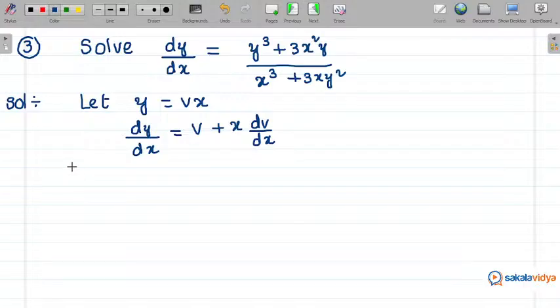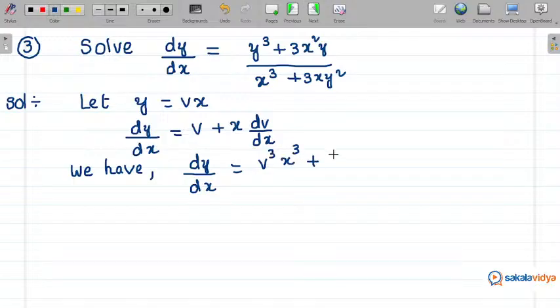So now we have dy by dx is equal to y cube, y means vx. So vx whole cube is v cube x cube, plus 3x square into vx, that is 3x cube v, divided by x cube only, plus 3x into v square x square, so that is 3v square x cube.